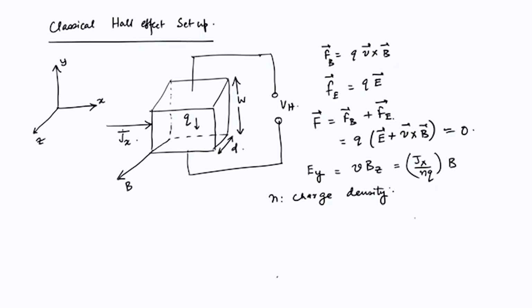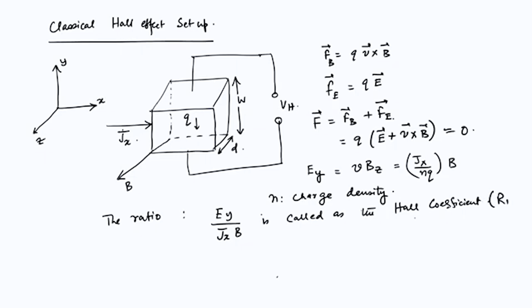All right. So the ratio EY divided by Jx B is called the Hall coefficient, and let us write it as RH, capital H standing for Hall.